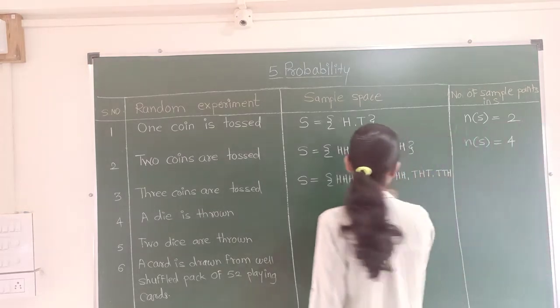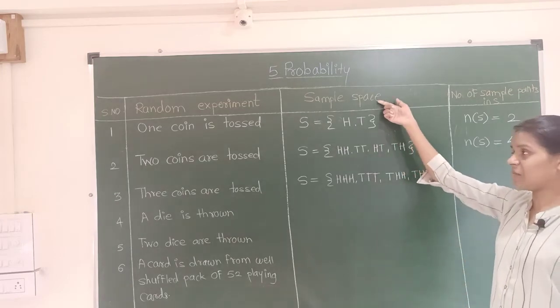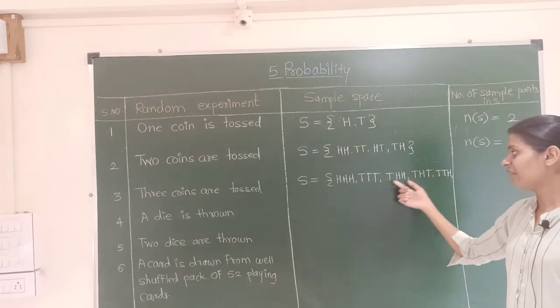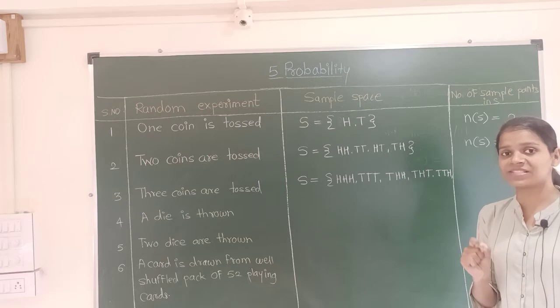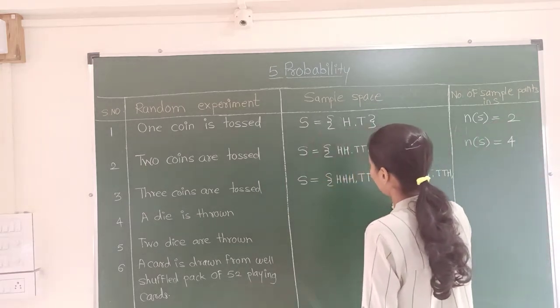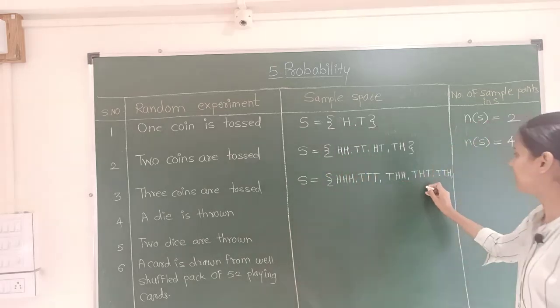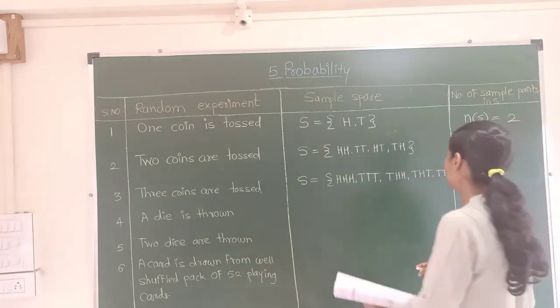Keep in mind, we are writing sample space and it is a set. You have to separate the elements in the sample space by commas. These are very minor things, but you have to keep them in mind. So HHH, TTT, THH, THT, TTH.